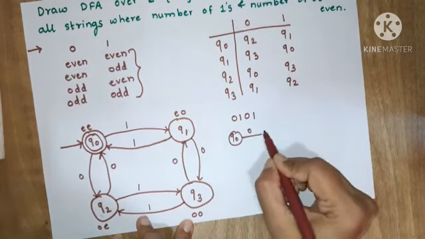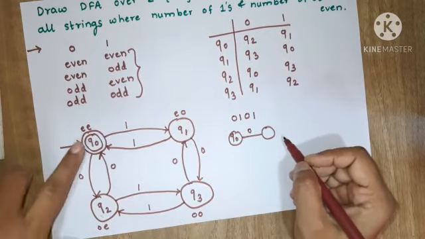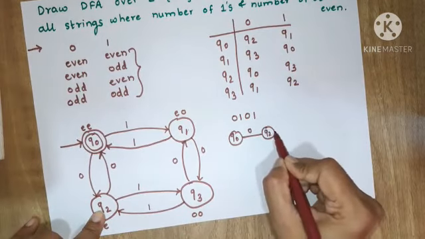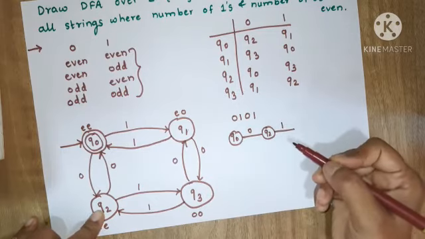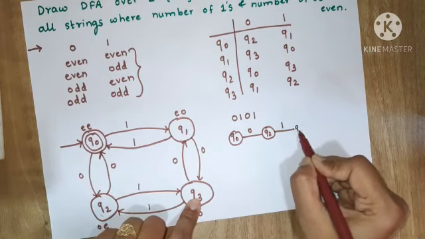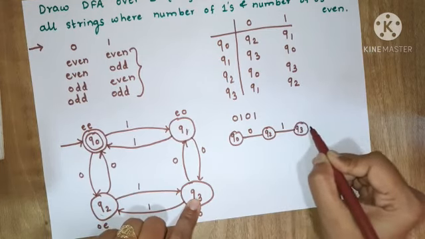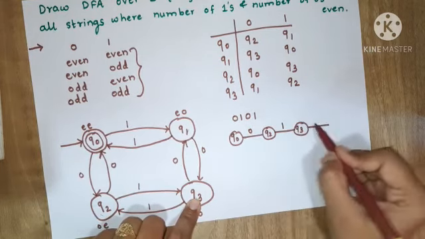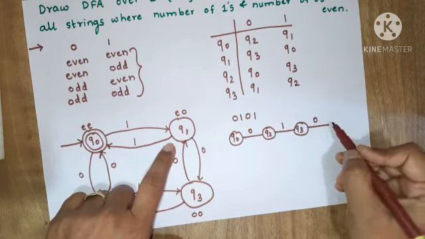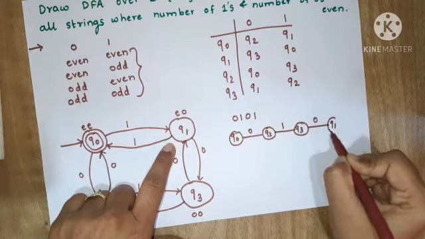In Q0 state, after getting 0, where is it going? Q2 state. In Q2 state, if I get 1, it will go to Q3 state. In Q3 state, the next alphabet is 0. So in Q3 state, if it is getting 0, it is going to Q1 state.